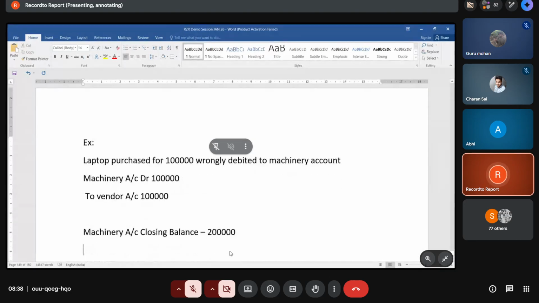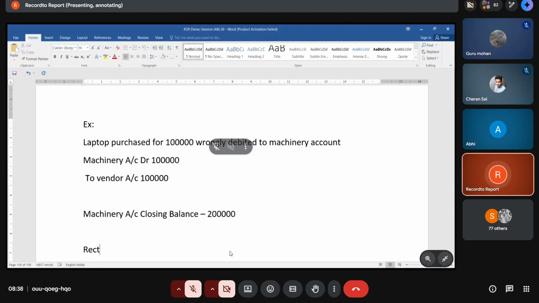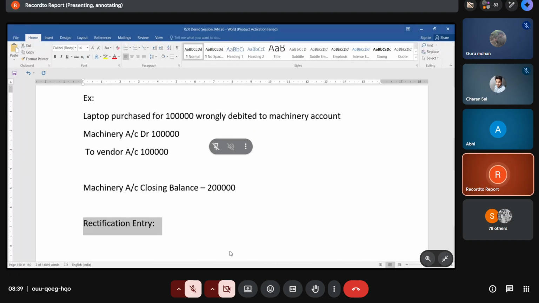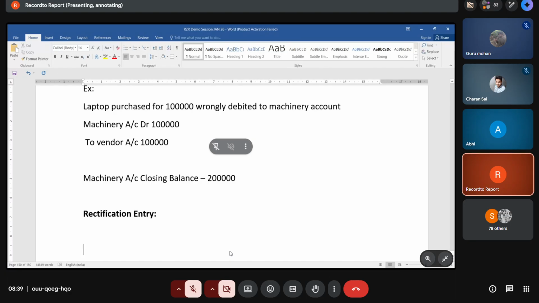So what can be done, guys, to rectify these balances? What is the rectification entry? Instead of the laptop, we used the missionary account.